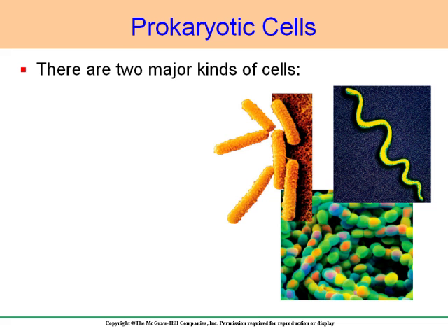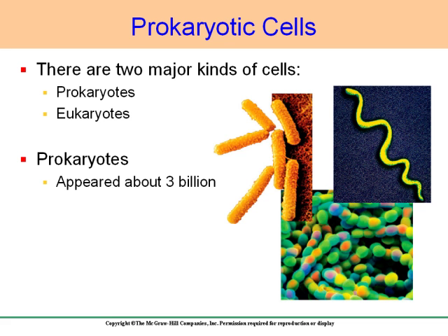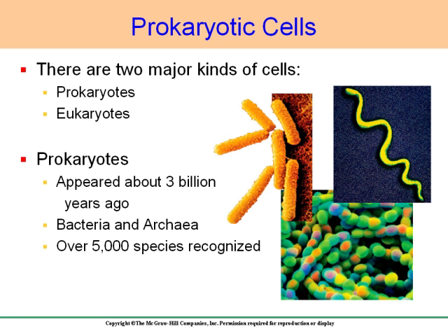There are two major kinds of cells. Number one, we have prokaryotic cells, also referred to as prokaryotes, and also eukaryotes, or your eukaryotic cells. Your prokaryotes appeared about 3 billion years ago, and they are your bacteria and your archaea.